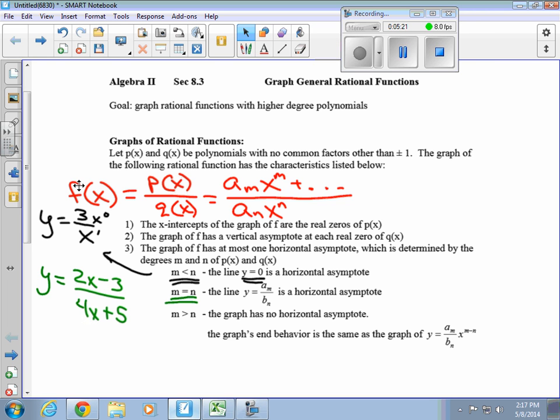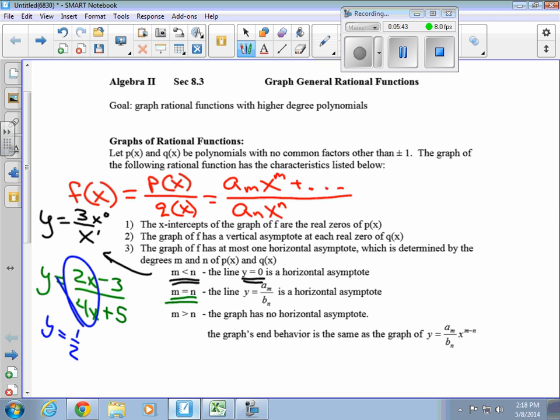So what are we going to do? We're going to divide those two. So what's my horizontal asymptote going to be? y equals 1/2. So if the degrees are the same, you divide the leading coefficients: 2 divided by 4.